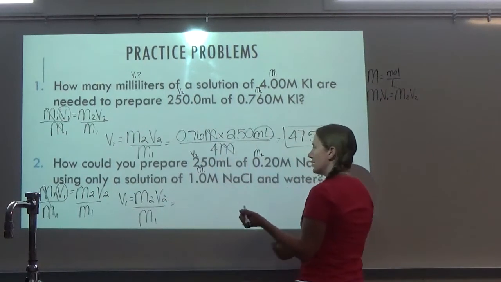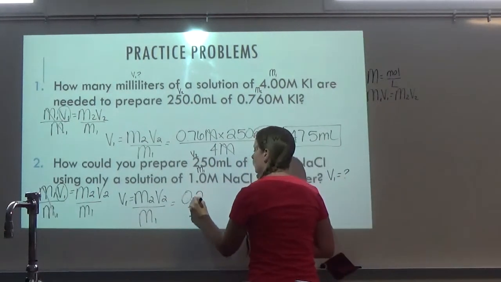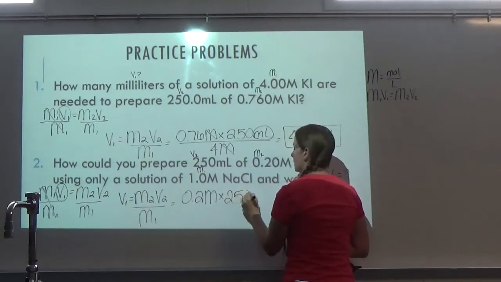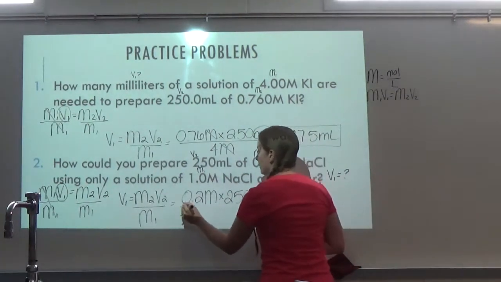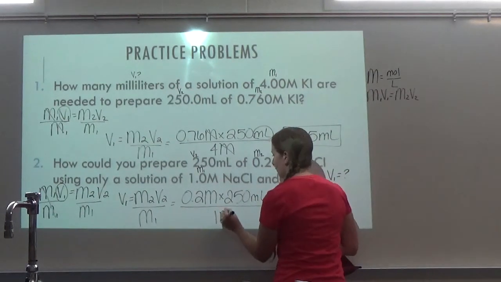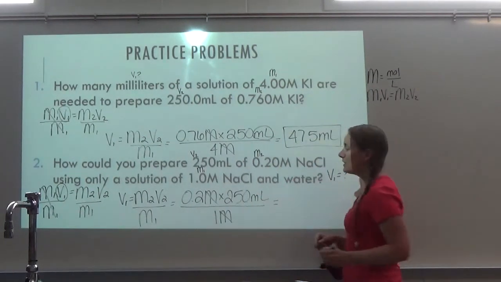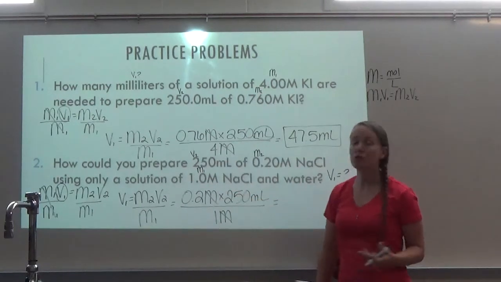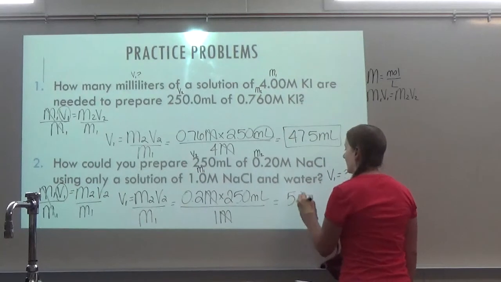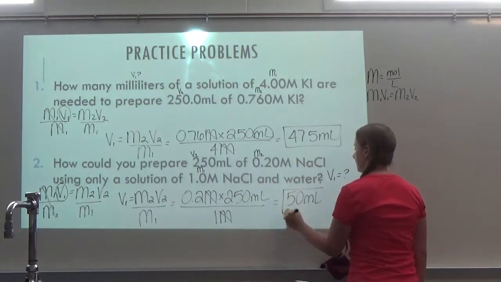And so now I'm ready to plug in. So I have 0.2 molar for my M2. I have 250 milliliters for my V2. And I have 1 molar for my M1. So my molarities cancel, and so I just do 0.2 times 250 because, of course, dividing by 1 doesn't change the answer. And I get 50 milliliters.